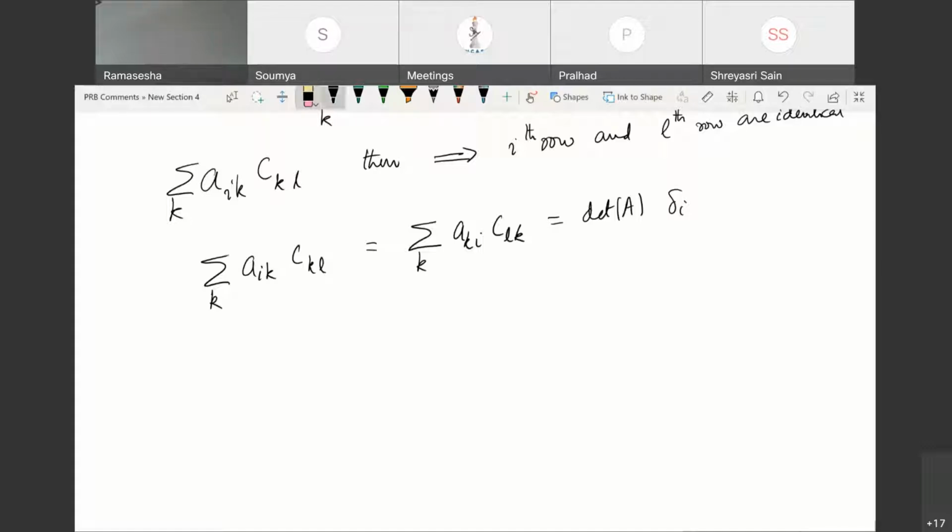So that's one theorem that I wanted to prove, which becomes important later on.